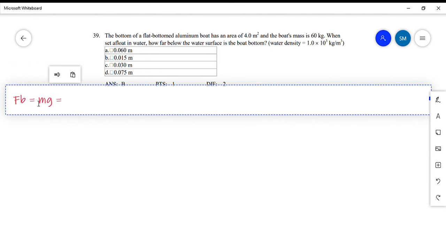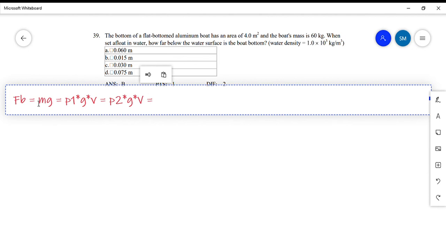So the density of the liquid, P1, times the gravity times the volume will be equal to the density of the object multiplied by the gravity times the volume.